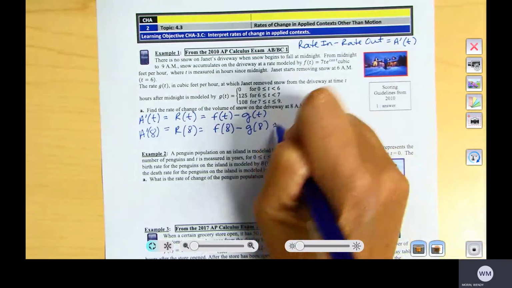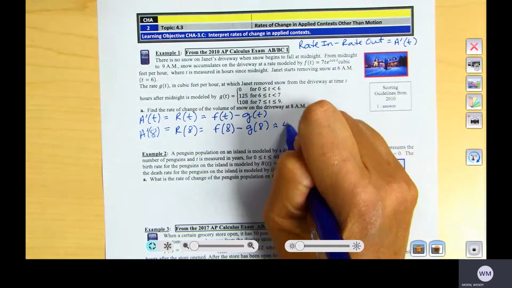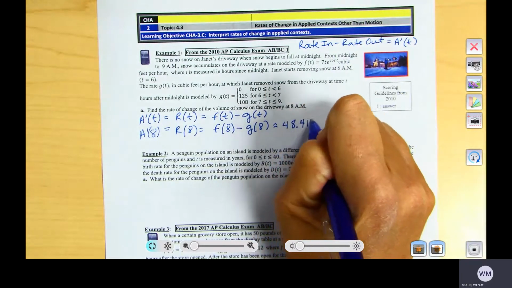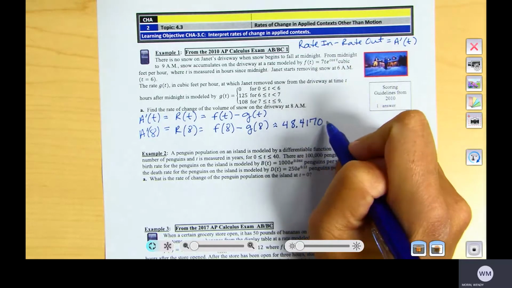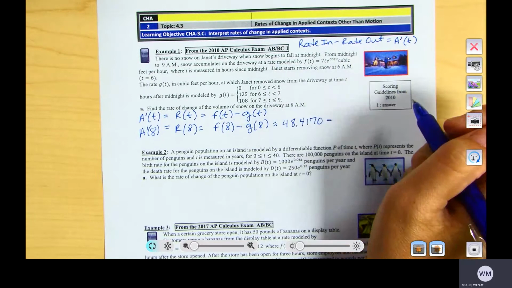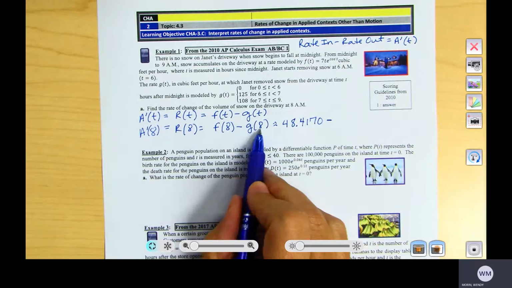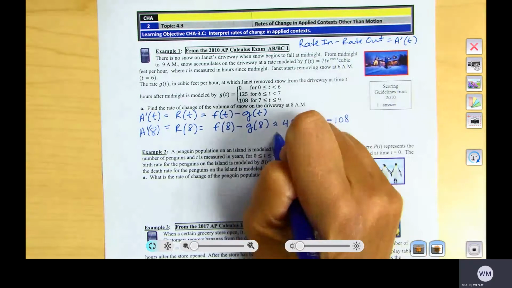If you use a calculator for f of 8, you're going to get approximately 48.4170. Again, I would use at least 4 or more decimal places. You don't want to round and round, because then you'll get a rounded answer and it will not be accurate. G of 8 is going to be 108.